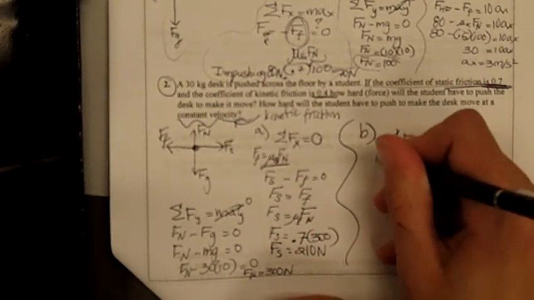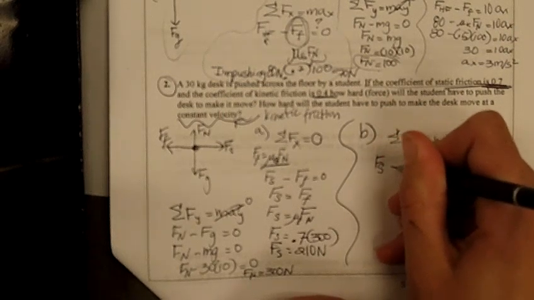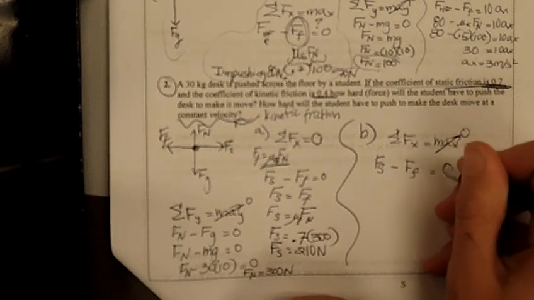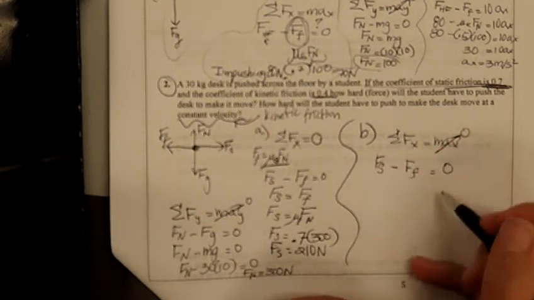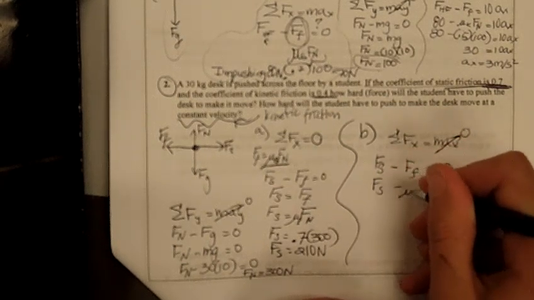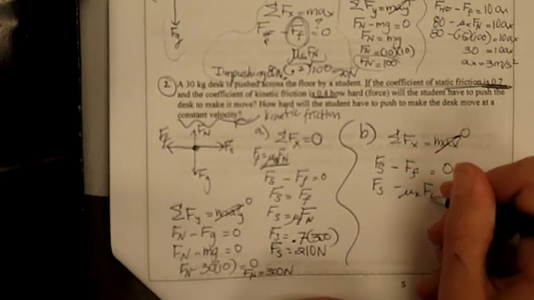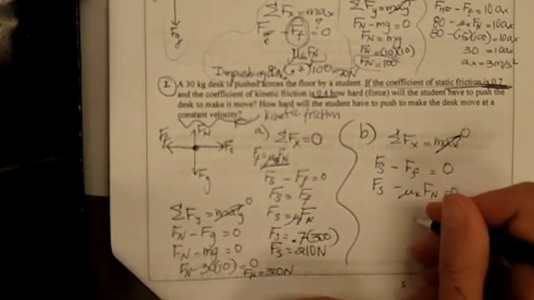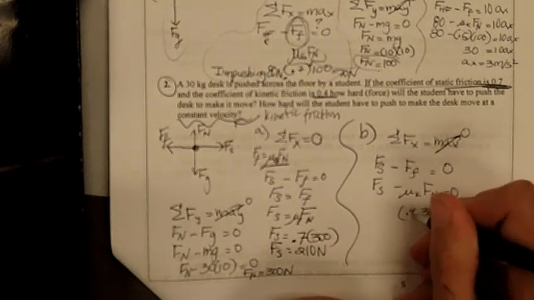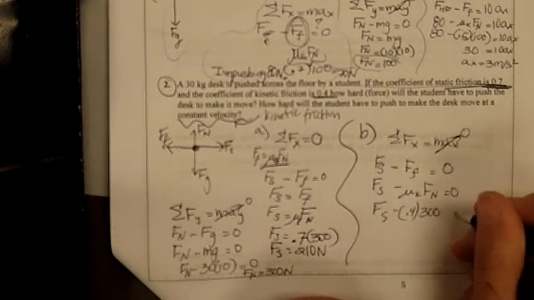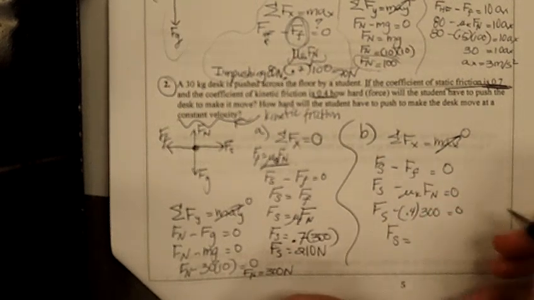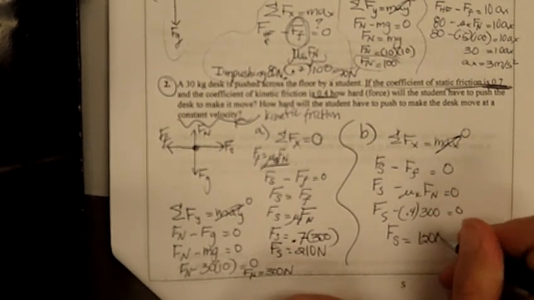So I have Fs minus Ff equals 0. I can use the same normal force as before. I'm going to fill in mu k Fn, but I know my normal force is 300. My kinetic friction is 0.4, and I can solve for Fs. The force the student has to apply is 120 newtons.